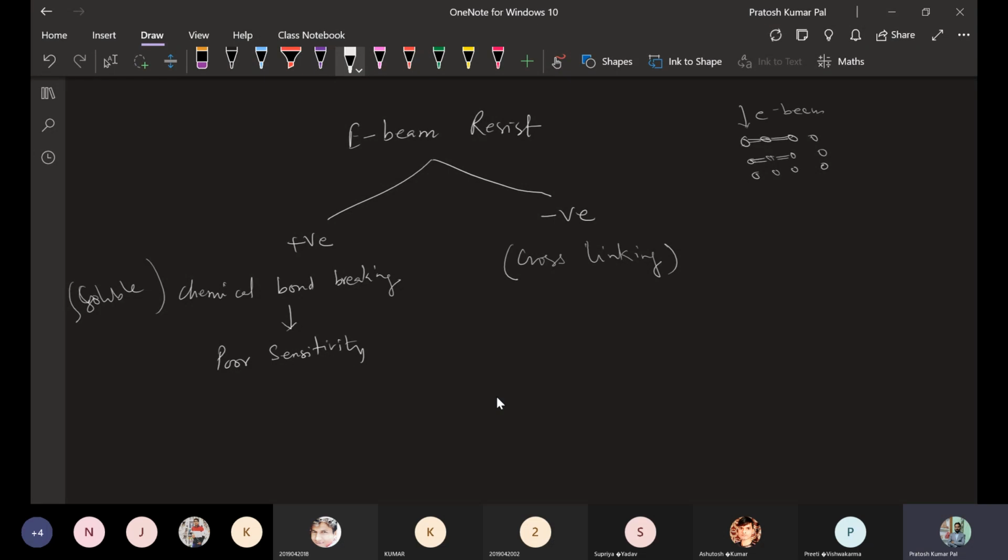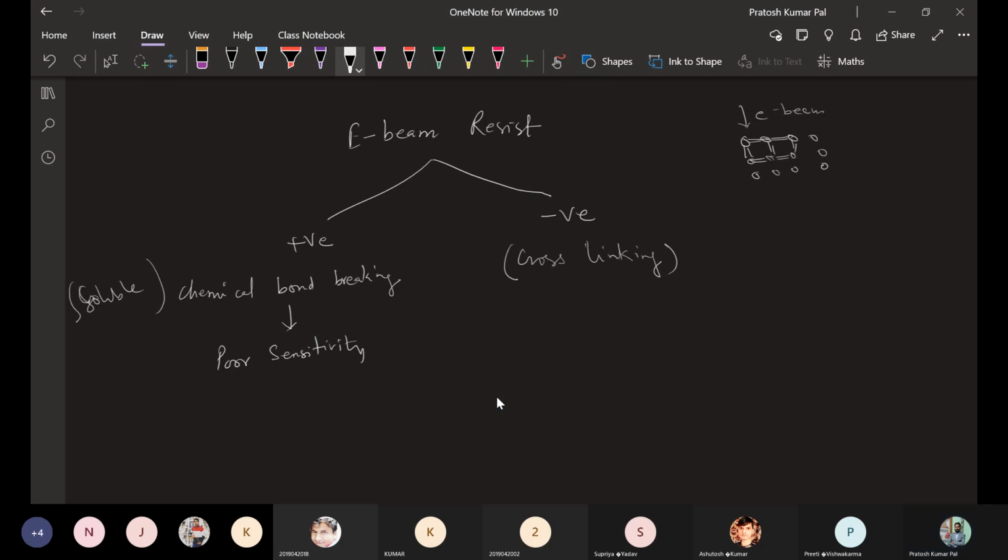Okay. So once it is linking to each other, that will become a solid, and instead of becoming soluble, it will become a solid or hardened polymer. Okay, so that will not be soluble in the development solution. Okay, so here that will be hardened.